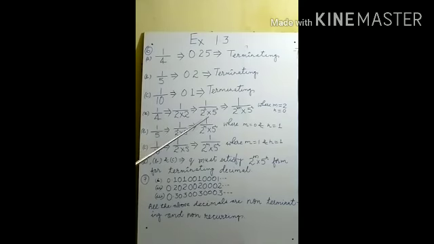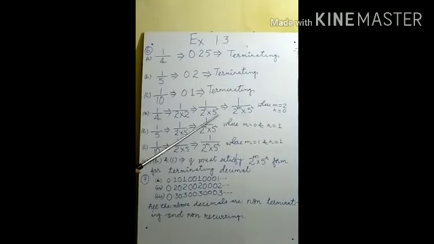Because we have to establish the value of Q in the form of 2 to the power m and 5 to the power n. So this can be noted down as 1 upon 2 to the power 2 multiplied by 1. In place of multiplied by 1, we can note down here 5 to the power 0. It means what?